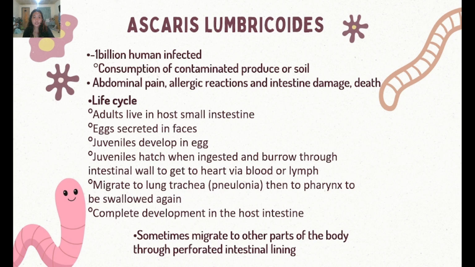So the life cycle starts with adults living in the small intestine of their host. Then the eggs are released, along with the feces of the person, into soil or wherever a person defecates, for example in the woods.